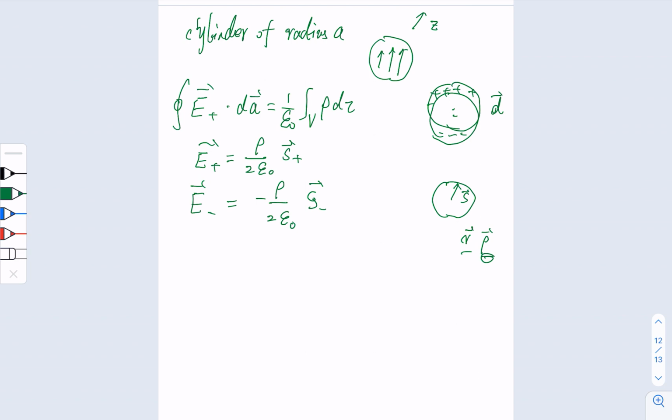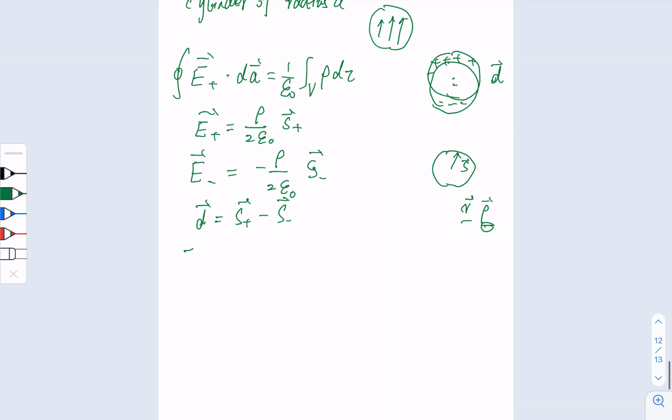And now we also know that S plus minus S minus is the separation vector between the two centers, and so this means the total E field with the addition of the E plus and the E minus can actually be written as proportional to the d vector.